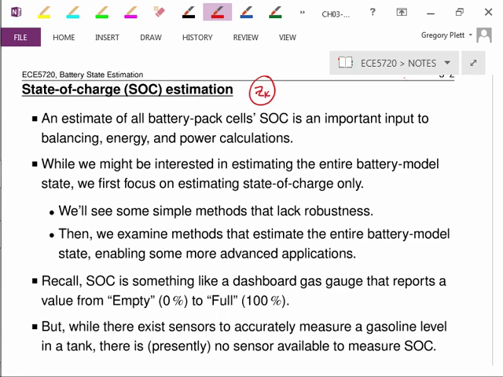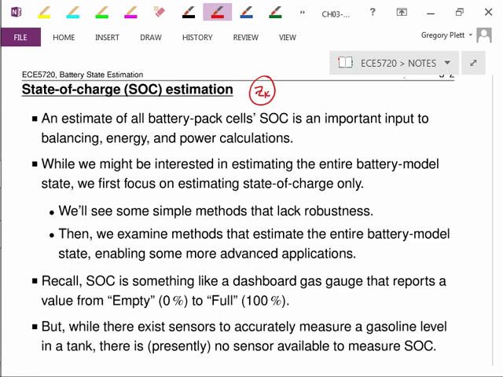We're going to spend the majority of this chapter looking at some more advanced methods that can estimate the entire battery model state, including state of charge, but not only state of charge. And since they estimate the whole state, that allows us to do some more advanced things with the estimates in Chapter 6 rather than just relying on state of charge only.